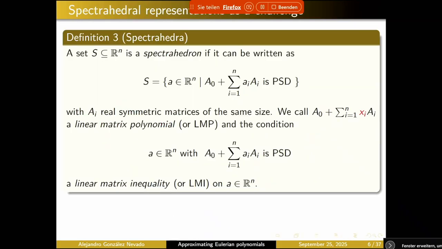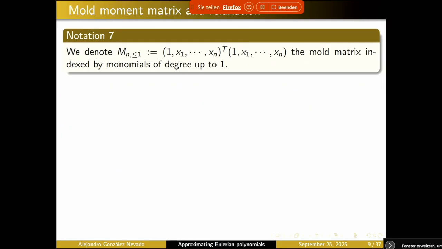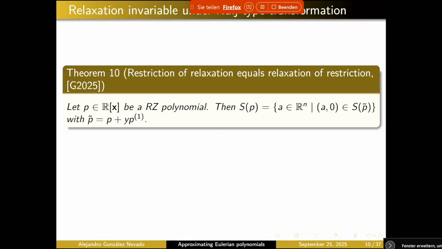Okay. And you told us that I think relaxation and restriction commutes. Can you tell us this again? That it commutes. No, I tell you that when you take this new polynomial in which you are actually not adding new information, but you try to add in this way another variable, what you get is that the relaxation doesn't improve if you just do this.